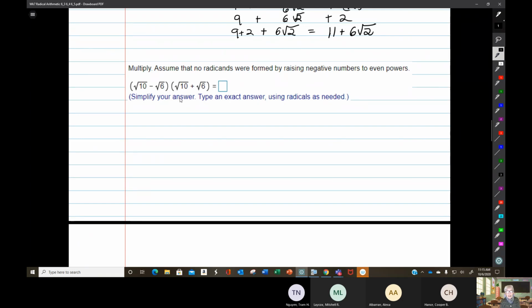You have a minus, you have a plus. These are conjugates. And so you can take the quicker route, which is the square root of 10 squared minus the square root of 6 squared, which will be 10 minus 6, which will be 4.